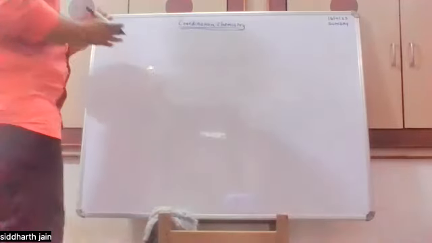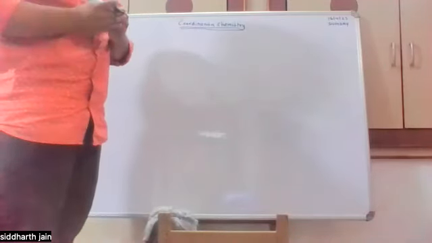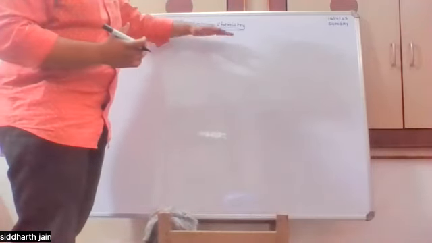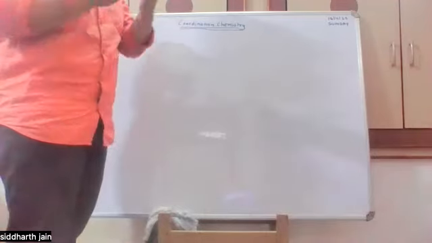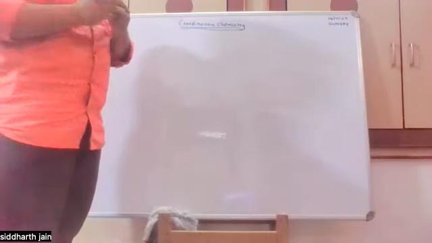So when we talk about coordination chemistry, we usually talk about coordination and chemistry. So it is a coordinate type of chemistry. So what do you mean by coordinate type of chemistry?